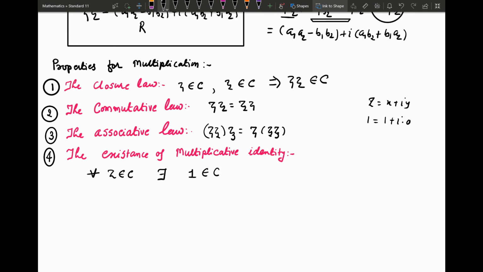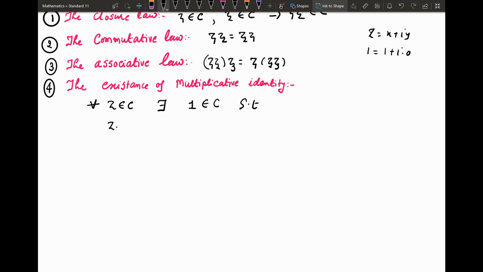So for each complex number Z belongs to C, there exists 1 belongs to C such that Z into 1 equal to Z. For every complex number Z, 1 is called the multiplicative identity.